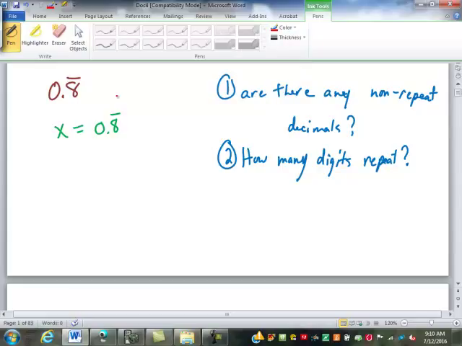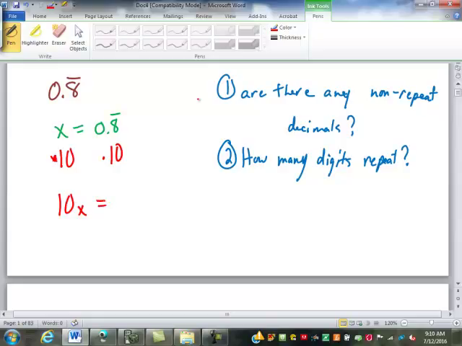So because there's only one digit that repeats, I'm going to do this. I want to multiply both sides of that by 10. Why 10? Well, when we were dividing decimals, if I wanted to move the decimal point one place, I multiplied by 10. Multiplying by 10 is because there's only one decimal place. So x times 10 is 10x.